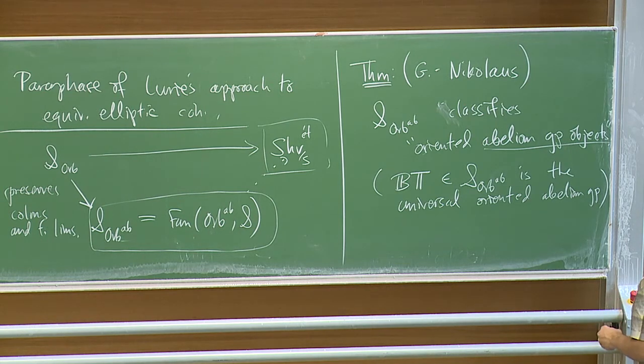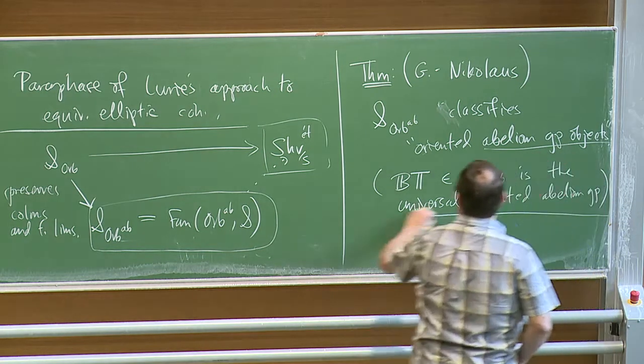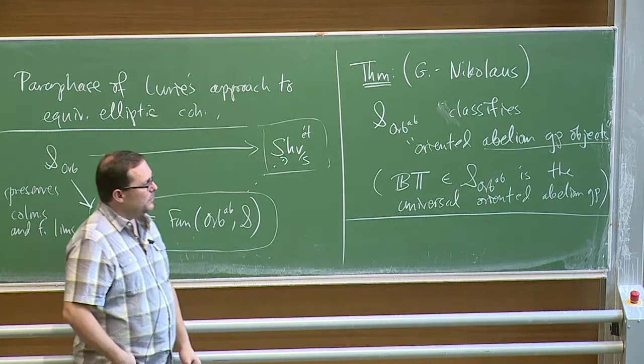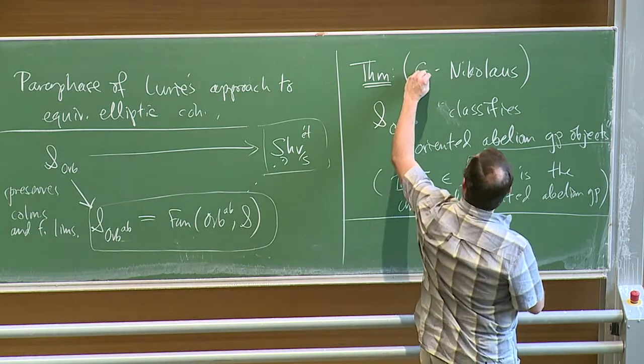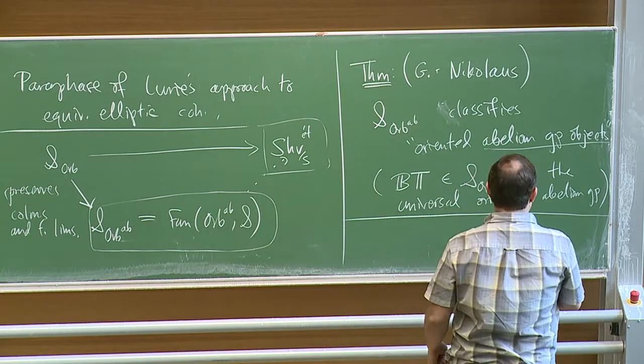Let me just say briefly what it means to have an oriented abelian group object, because the definition I'm going to give is a little bit different than what Lurie proposes.